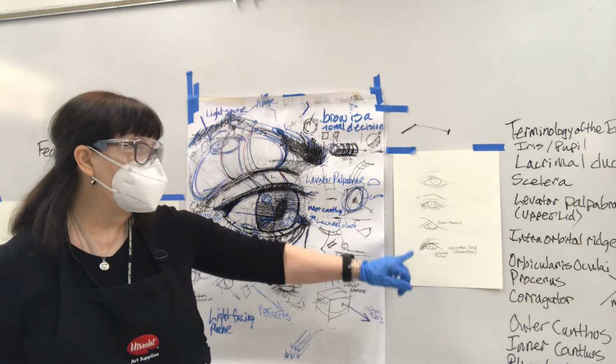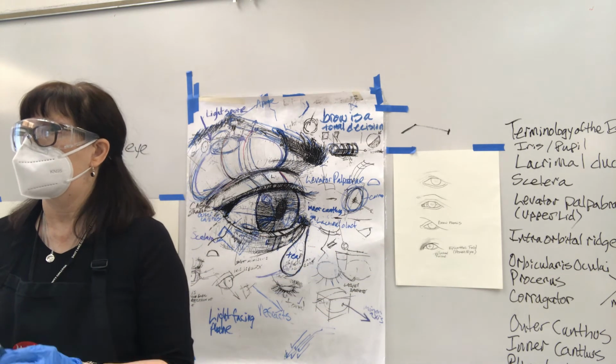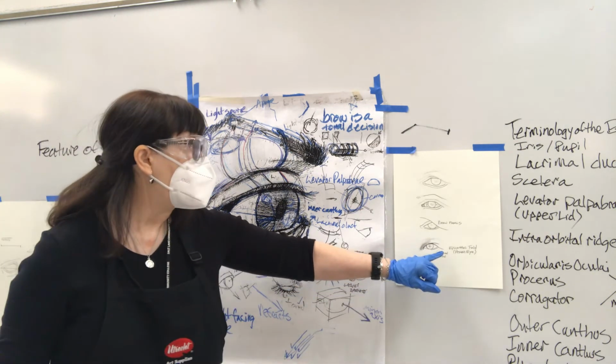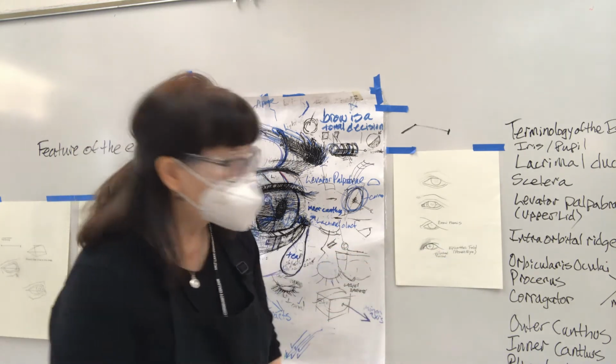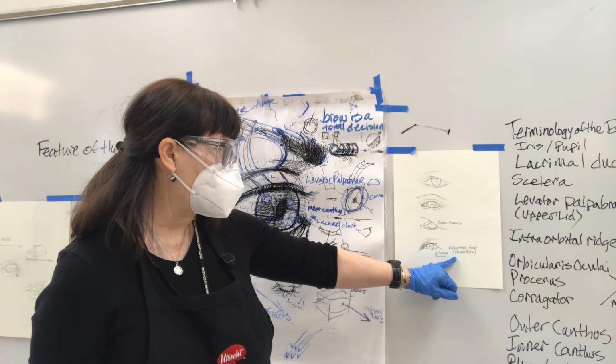The Asiatic eye has no different angle in the orbital cavity. It has an extra fold called an epicanthic fold, and that's the Asiatic fold.